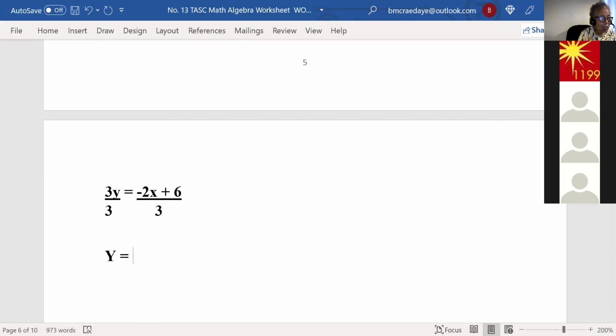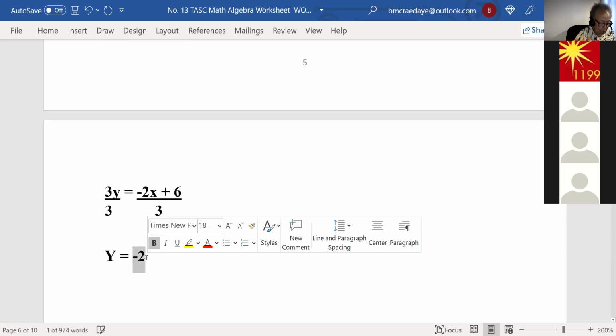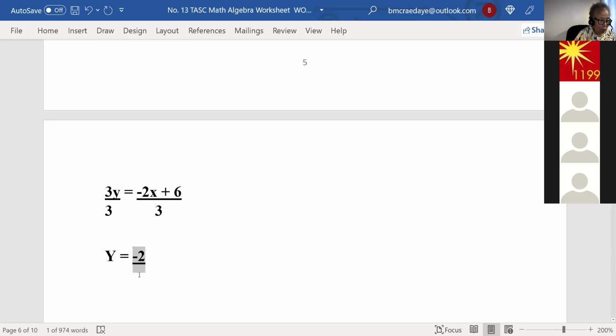Now, minus 2x divided by 3 would just be minus 2 over 3, and that would just be x. So it would just be minus 2/3 x.